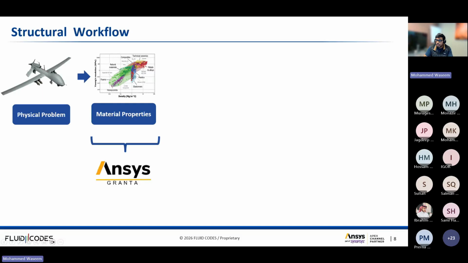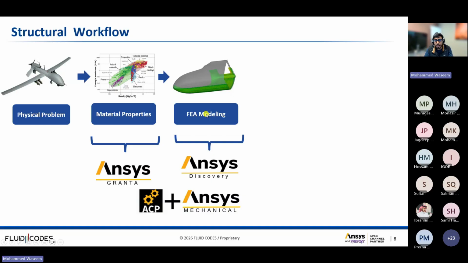Once we have done that, the next step is to go ahead and build the right finite element model. When I say the right finite element model, we will have to use high fidelity solvers such as ANSYS Mechanical. Here we focus on the element idealization, and we apply the loads, boundary conditions, and so on.